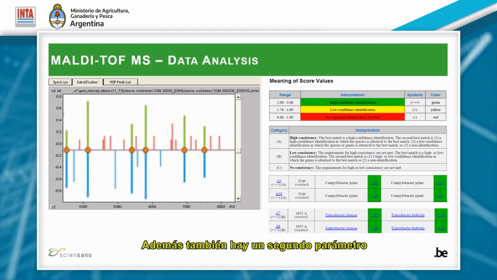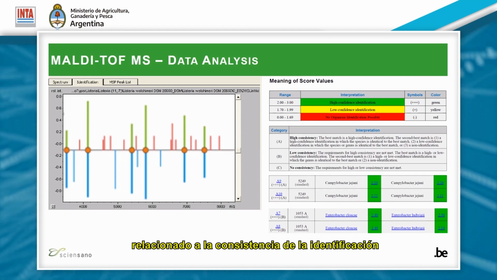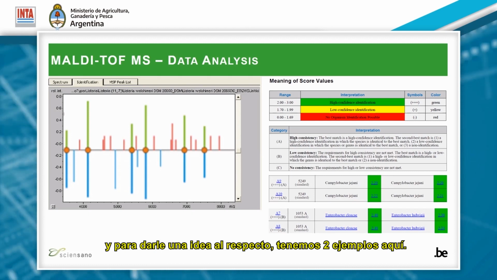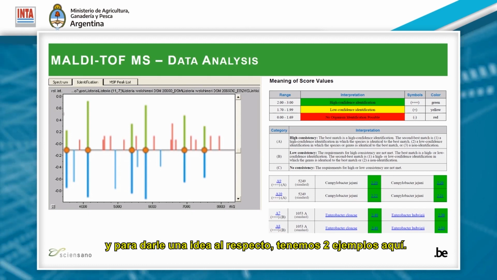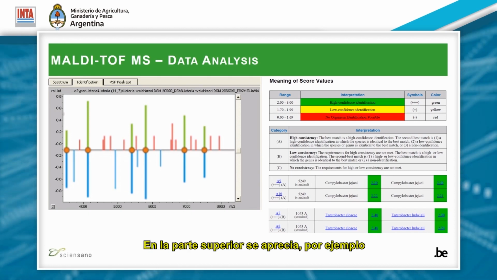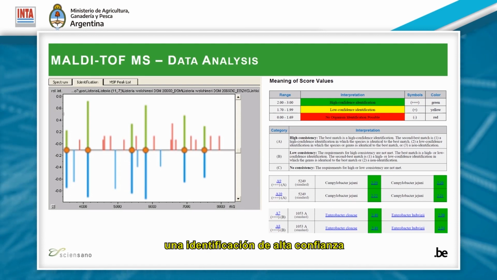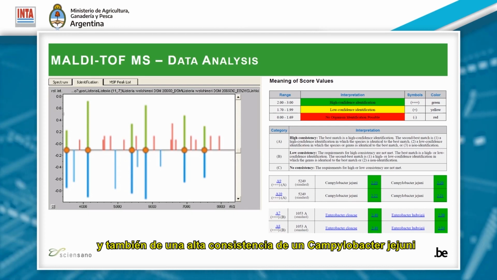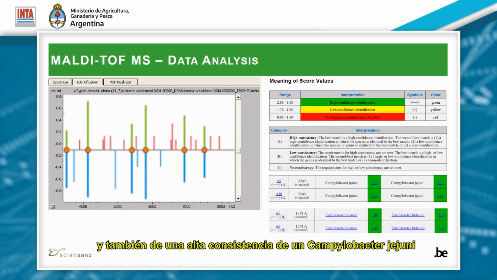Now there's also a second parameter which refers to the consistency of the identification. And to give you an idea about that, we have two examples here. On the top here, you have a high confidence and also high consistency identification of, for example, a Campylobacter jejuni.